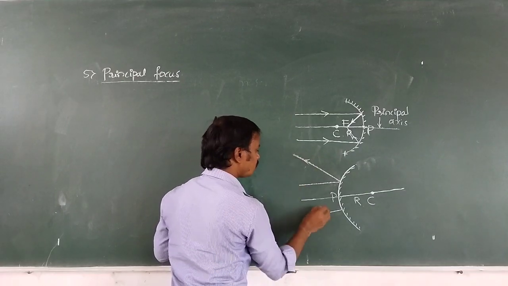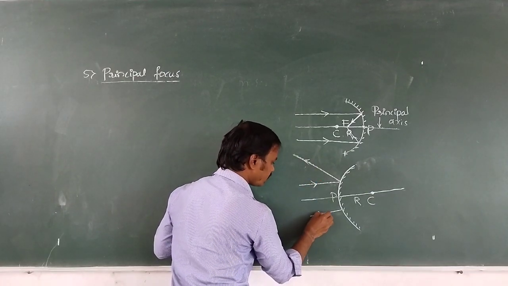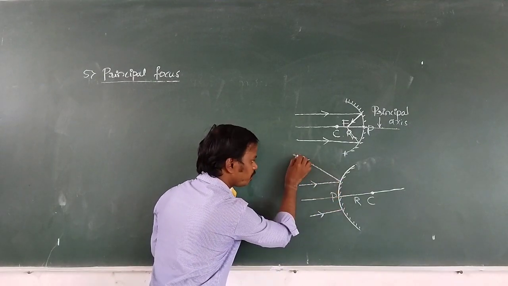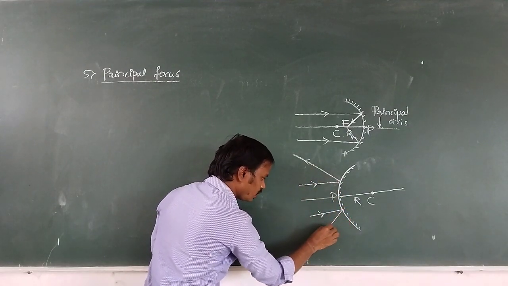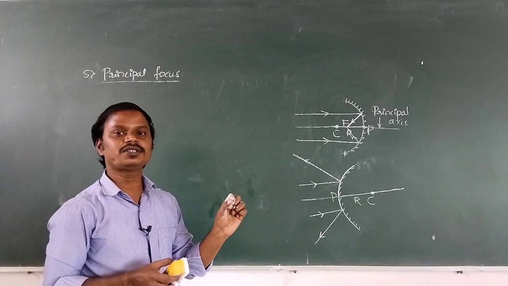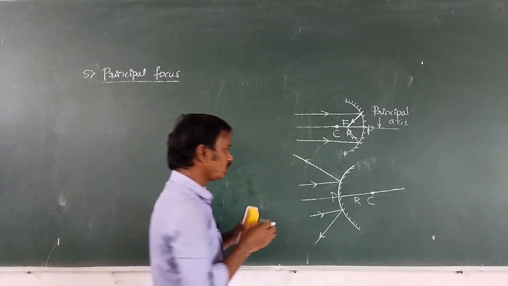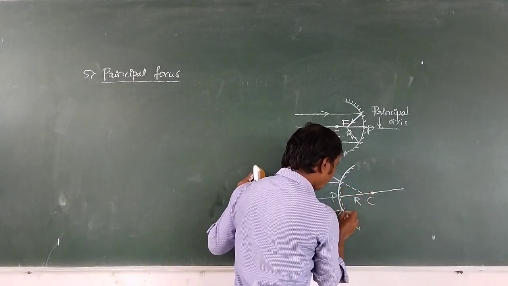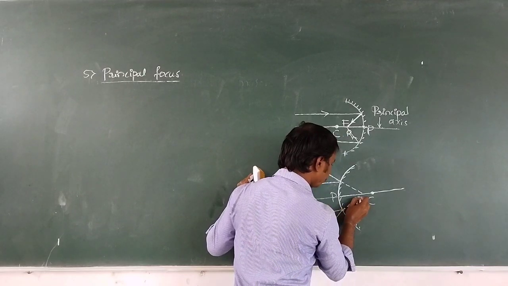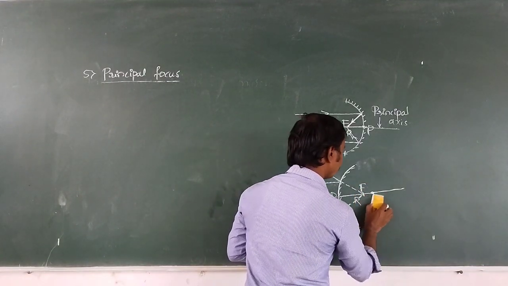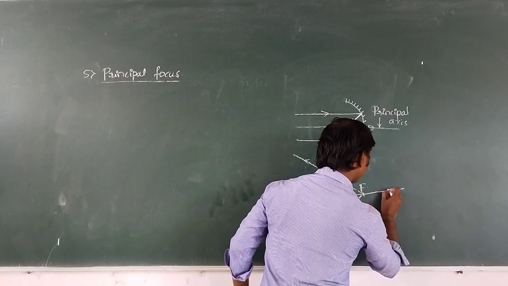These are incident light rays, and these are reflected light rays. These two reflected light rays appear to come from a point, or appear to diverge from a point. This point on the principal axis is called principal focus.